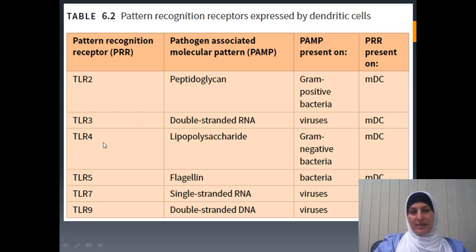Toll-like receptor 4 is recognizing the lipopolysaccharides, which is present in gram-negative bacteria. So notice we are talking about big categories of pathogens, not specific pathogens. Some of the toll-like receptors recognize single or double-stranded DNA or RNA, which can recognize viruses.